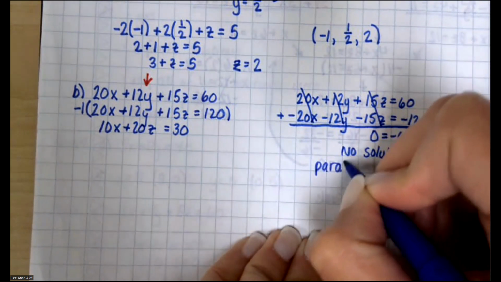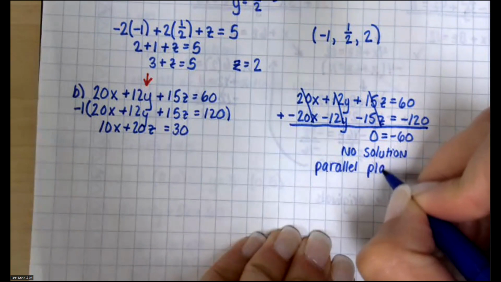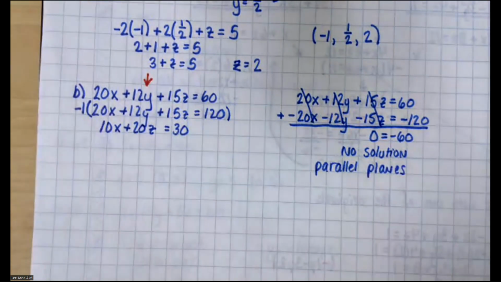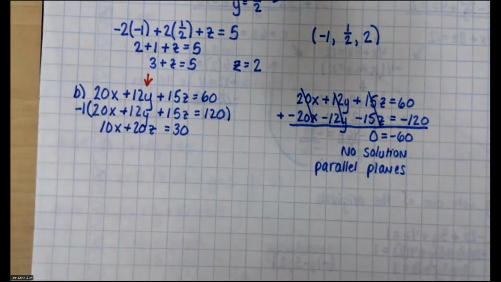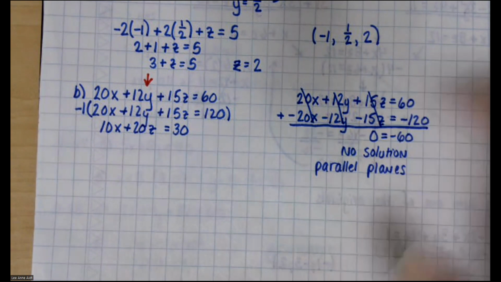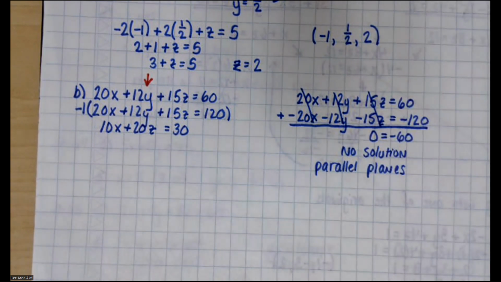And you have parallel planes. Can you tell which two planes are parallel? The first two, because all their stuff is the same. That problem was actually done, but I am not done. I want to show you Desmos for both of these two problems.